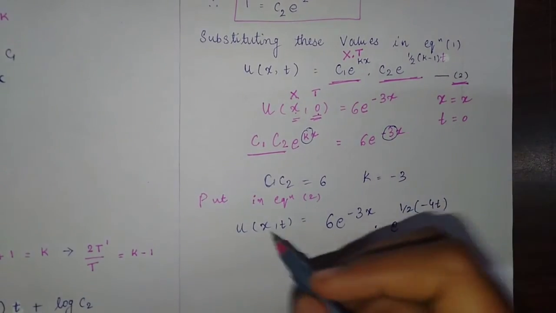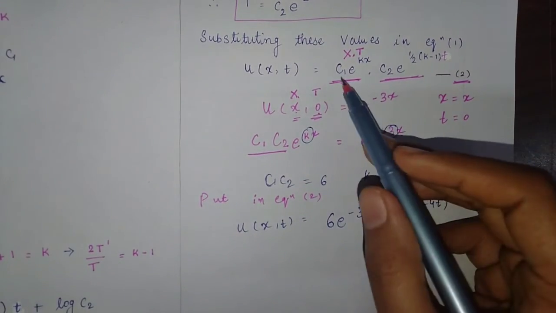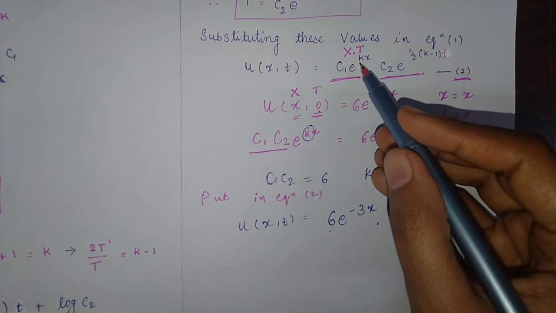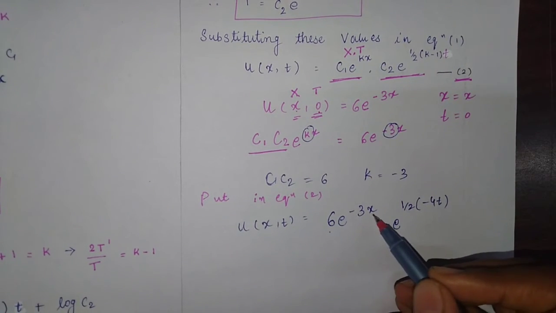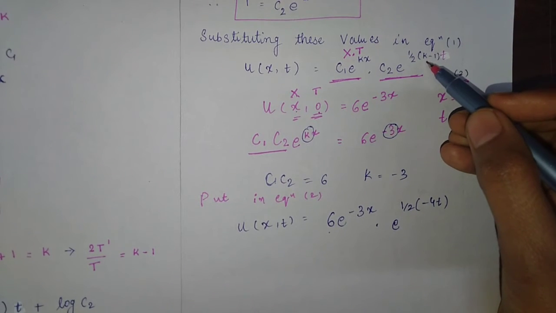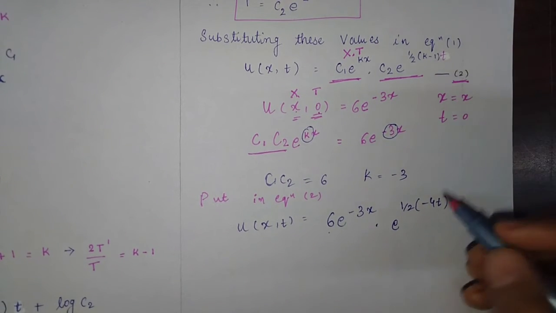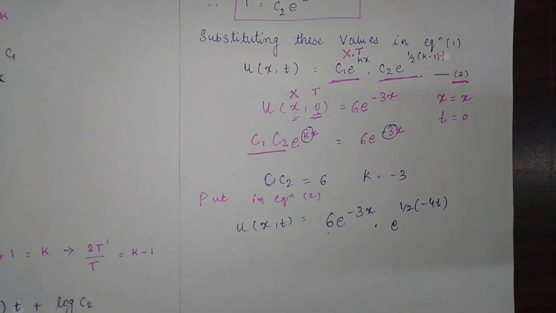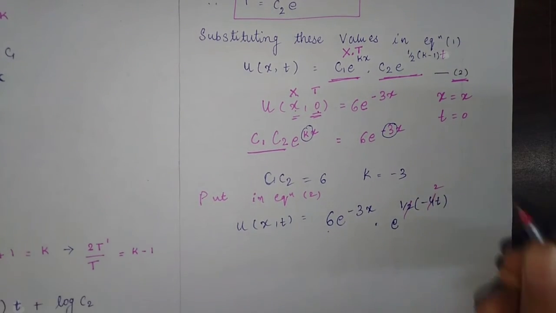So if you put these values in equation 2, then what will come in place of C1, C2? 6 e raised to, in place of k you have to write minus 3x into e raised to 1 by 2. In place of k it is minus 3 into minus 1, that is minus 4t. So we got these values, and again this 2 will get cancelled.